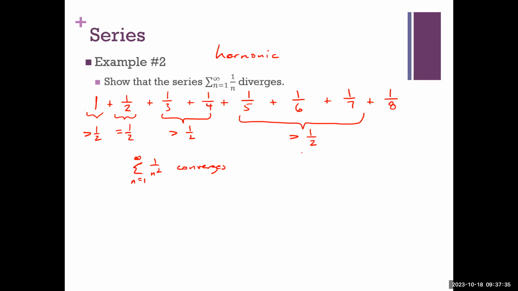It does converge to something. I can tell you, though don't ask me to prove it, that as long as this power up here is bigger than one, the series converges.